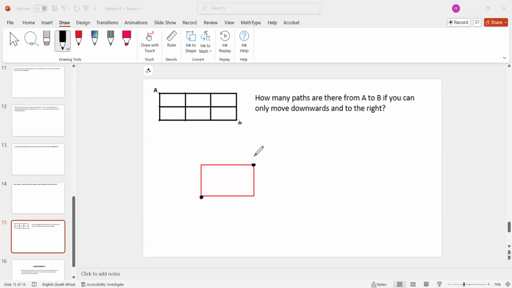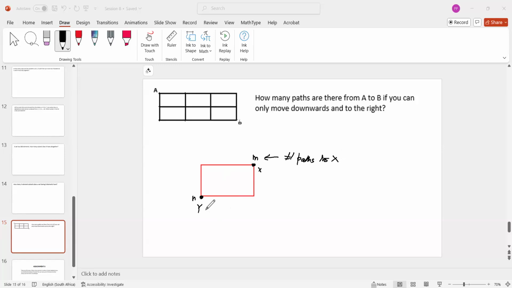Let's call the number of paths to this point here x, from the starting point. And then this one here, let's call this y. And there's a number here, which we're going to put there.